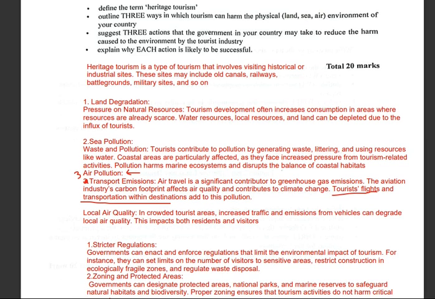Here let me just go ahead and go down. So the other question here says: suggest 3 actions that the government in your country may take to reduce the harm caused to the environment by the tourist industry.